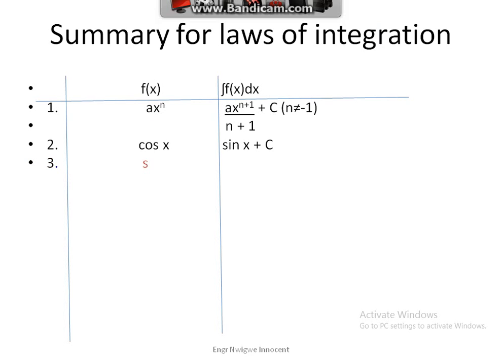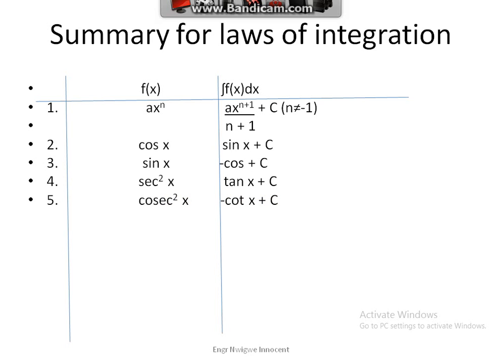Number 3. Given that the function of x is sin x, the integration of the function of x, f(x) dx, will be minus cos x plus c. 4. Given that the function of x, f(x), is sec squared x, the integration of the function of x dx is tan x plus c. 5.